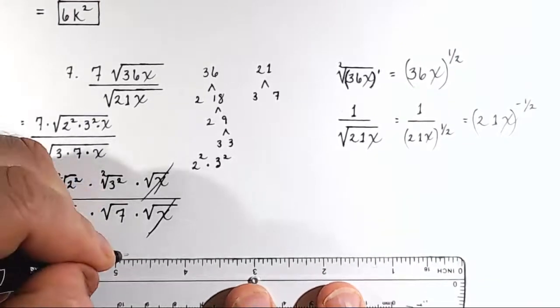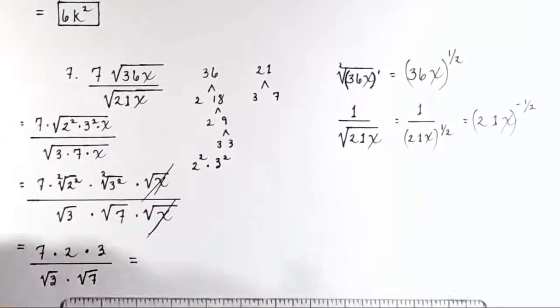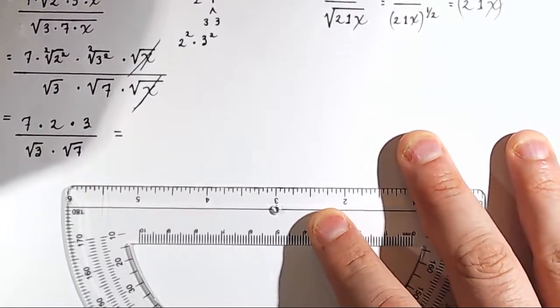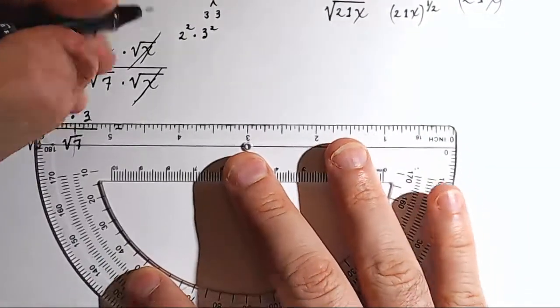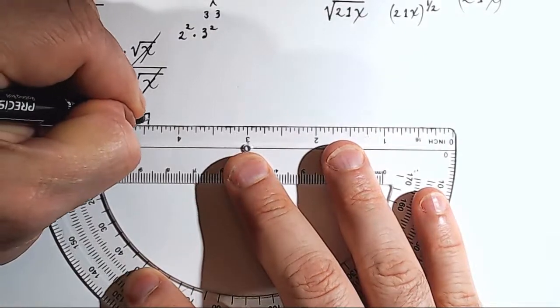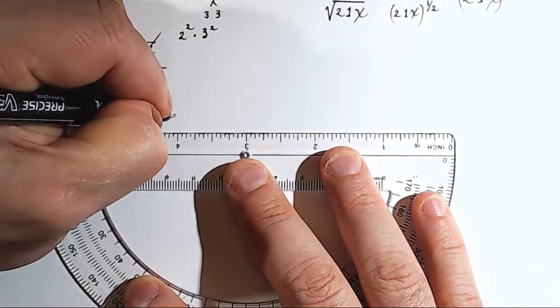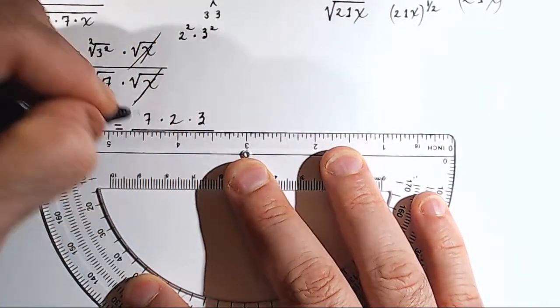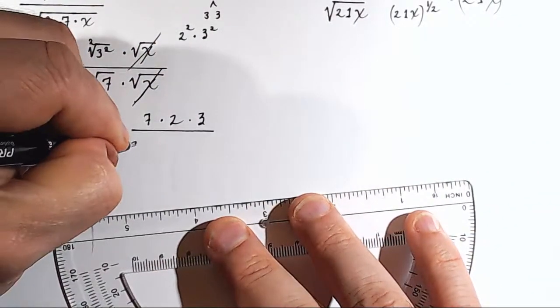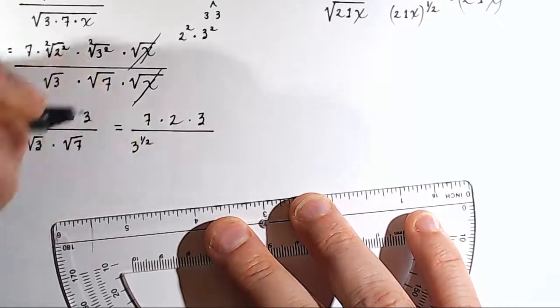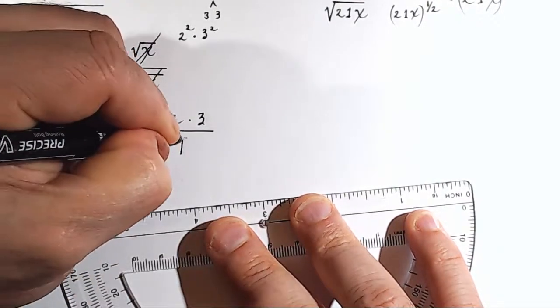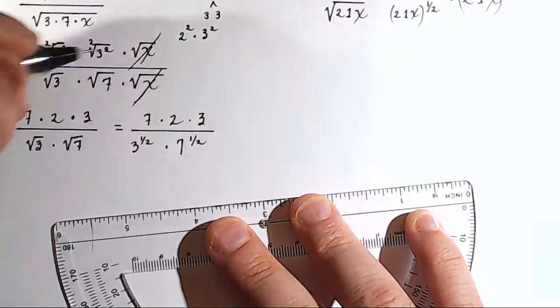Remember, we can rewrite square roots as something raised to the 1/2 power. Okay, so we will write, again, 7 times 2 times 3 over 3 to the 1/2 power times 7 to the 1/2 power.